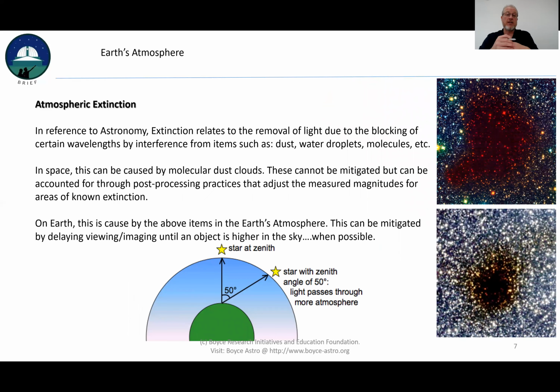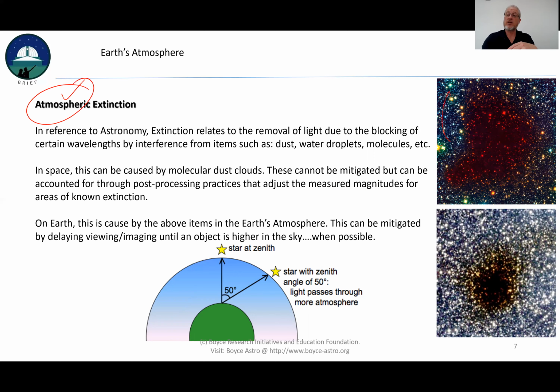Next, atmospheric extinction. I want to differentiate this from interstellar extinction, because this is the Earth's atmosphere shading out some of the light. We talked about that in a previous slide. Here in this image on the right, we have an example of interstellar extinction, not related to the Earth, but it's a good example of what happens.